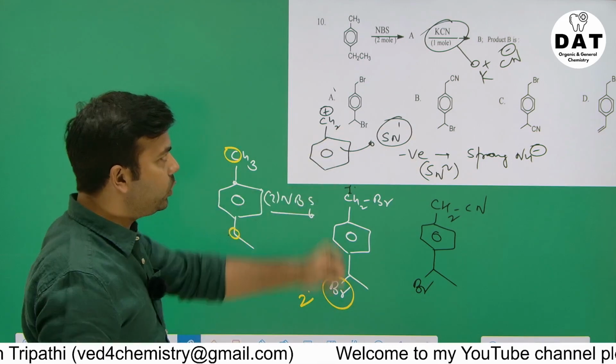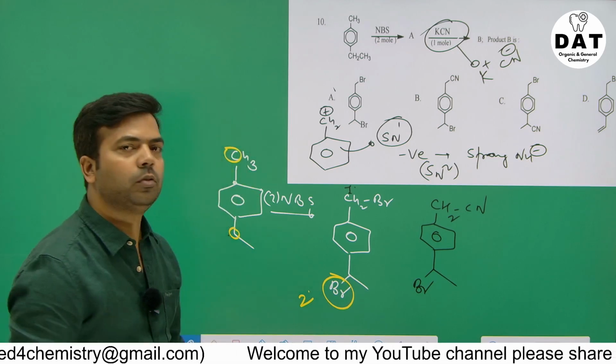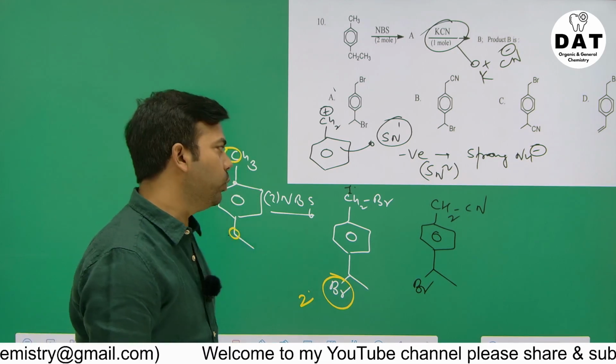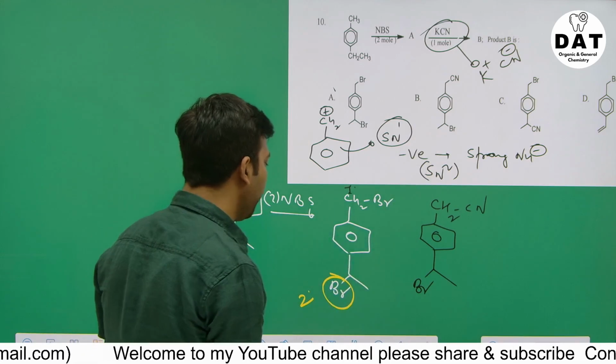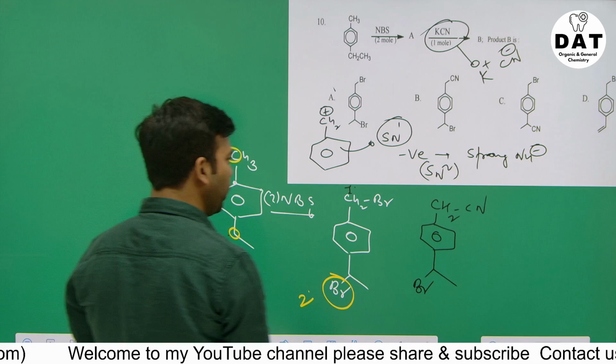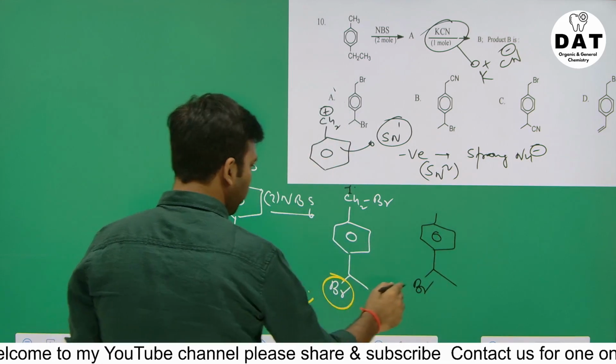But this is SN2. Secondary has a tendency to proceed via SN2 and SN1 both, but SN2 is favorable because we have a strong nucleophile. So the correct product according to me should have CN here.